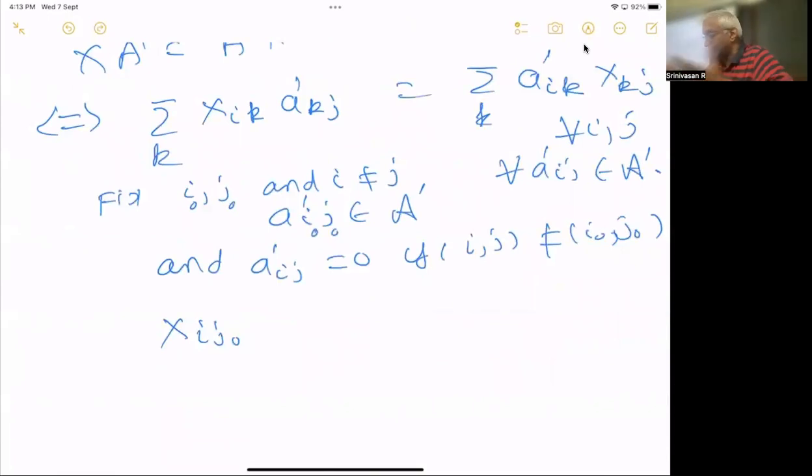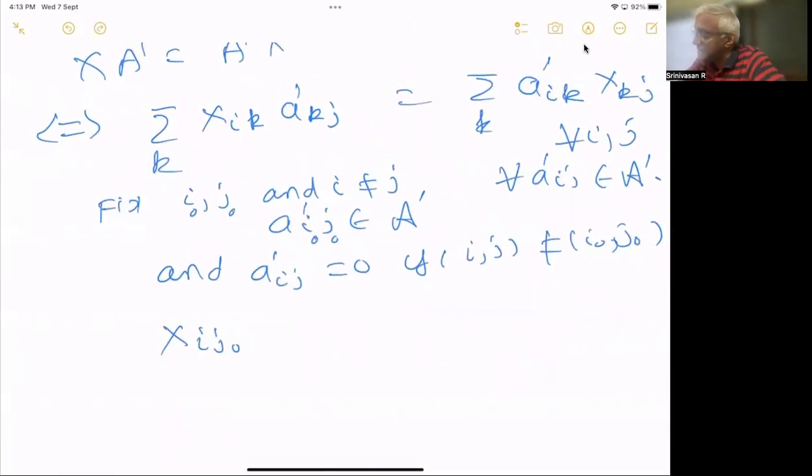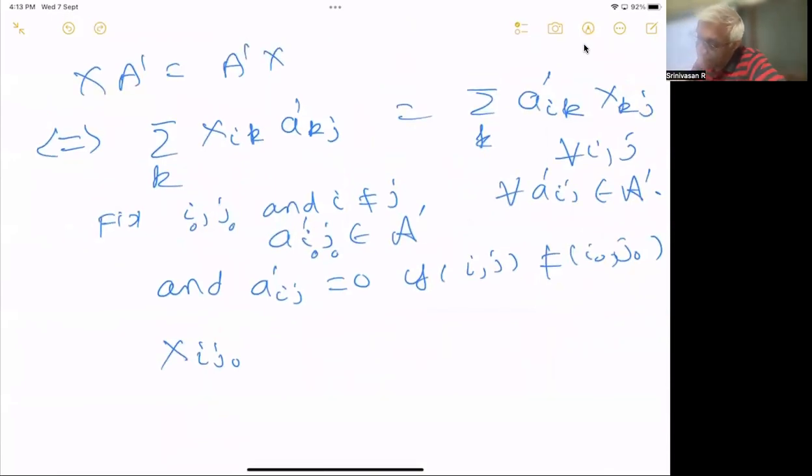This is like something commuting with everything in the matrix algebra, which then should be a scalar. I'm just using that. So I'm applying it in this equation. This a prime is non-zero only for i_0 j_0.